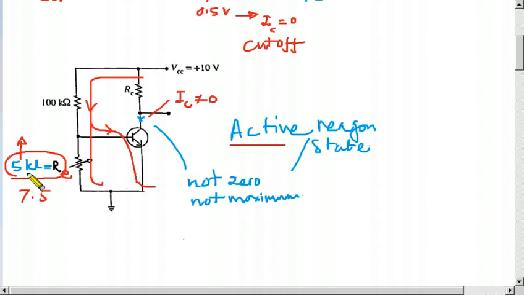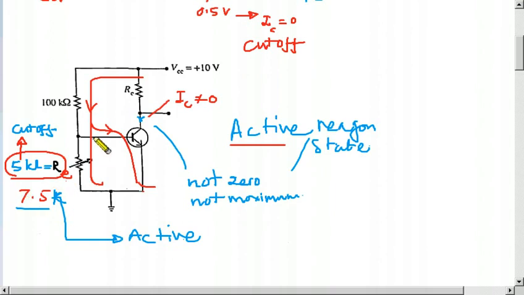So children, we understand that if we increase the resistor value from 5 kilo ohm to 7.5 kilo ohm or something close to that, we go to active region from cutoff region. So 5 kilo ohm is relevant for cutoff region, and 7.5 kilo ohm is relevant for active region.